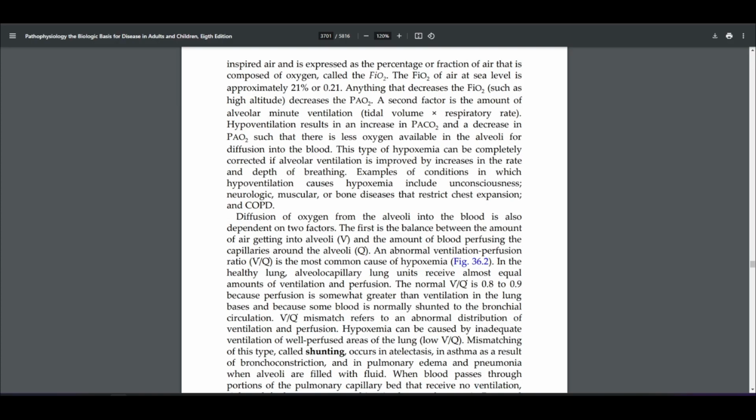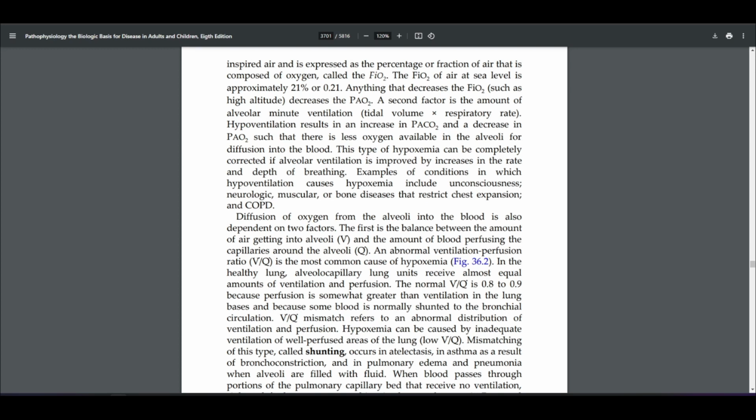Hypoventilation results in an increase in PaCO2 and a decrease in PaO2, such that there is less oxygen available in the alveoli for diffusion into the blood. This type of hypoxemia can be completely corrected if alveolar ventilation is improved by increasing the rate and depth of breathing.